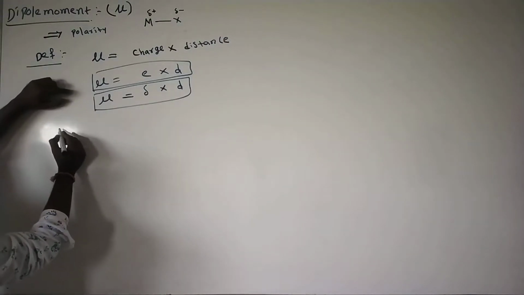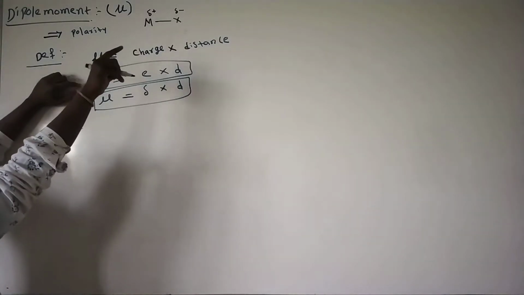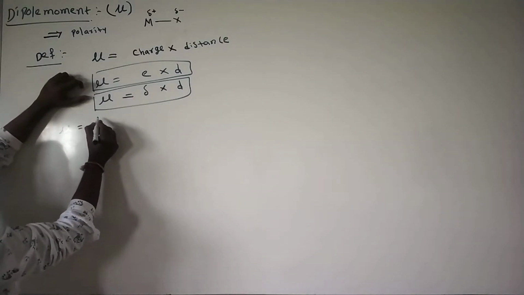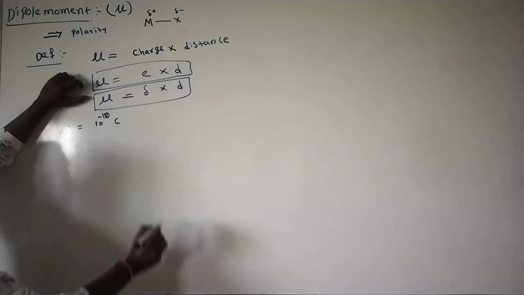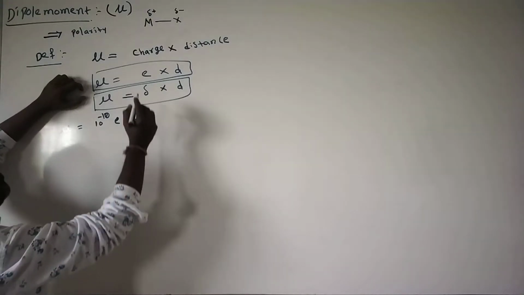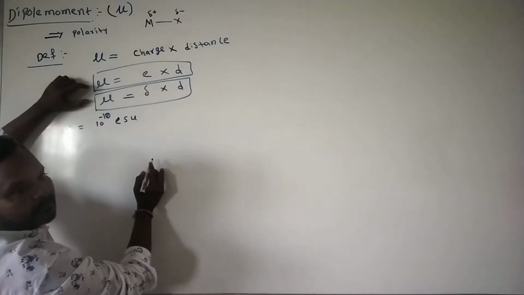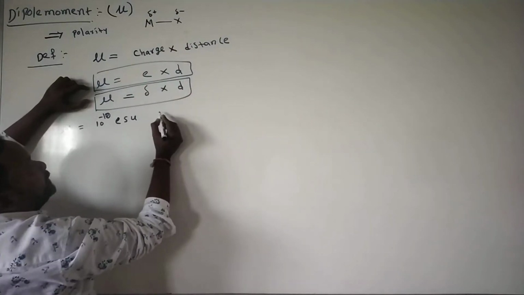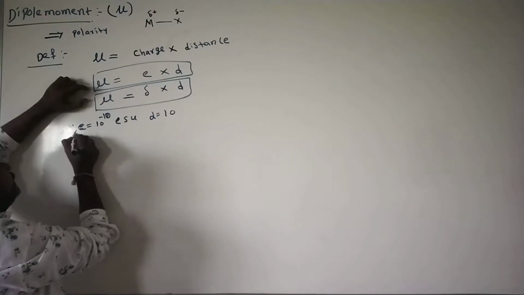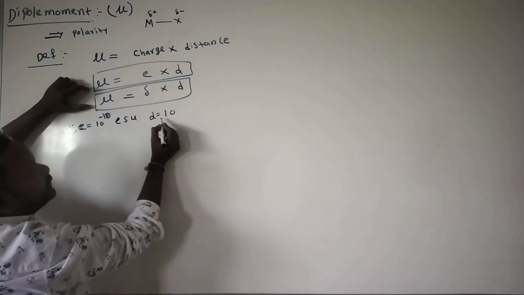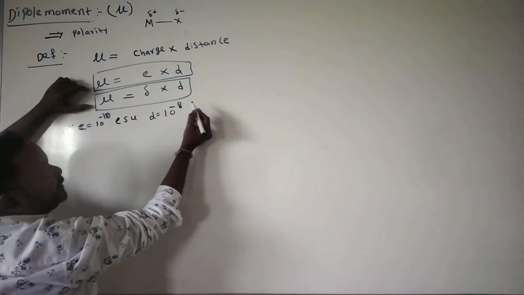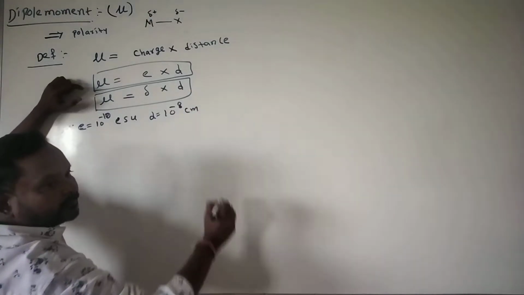The charge present on these two ions is 10 to the power of minus 10 ESU. The distance between these two ions is 10 to the power of minus 8 centimeters.